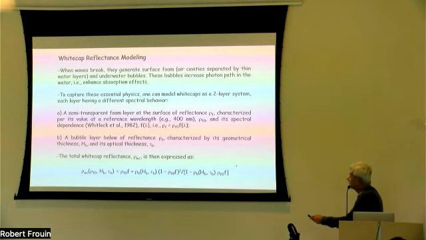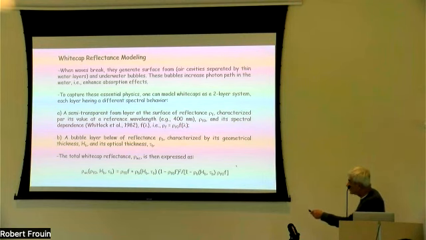So to capture this essential physics, one can model the white caps as a 2-layer system, each layer having a different spectral behavior. A semi-transparent foam layer at the surface, which corresponds to these experiments done by Whitlock in the early 80s. So term F, and that depends on the amplitude.